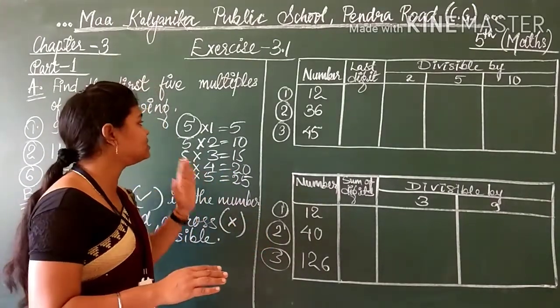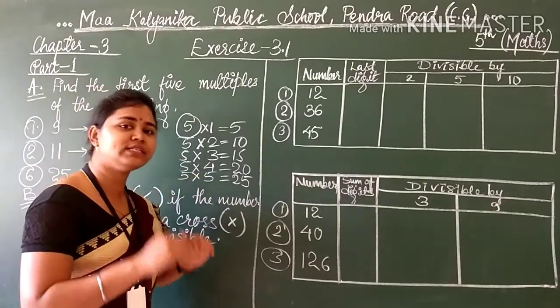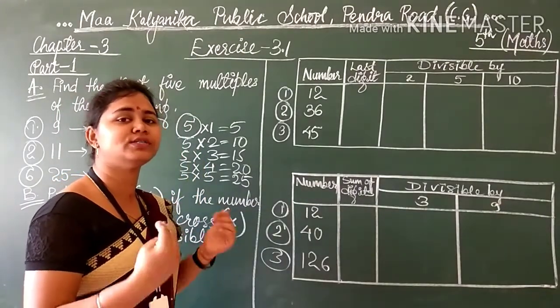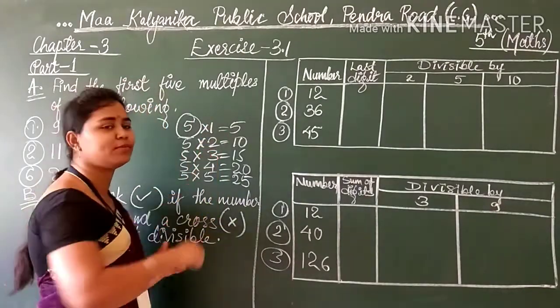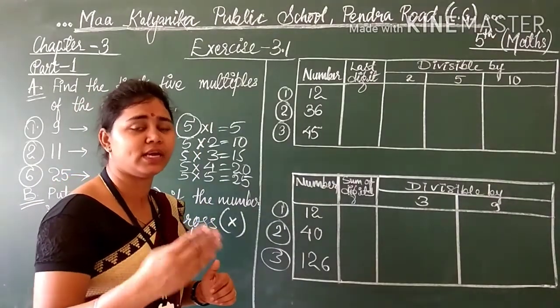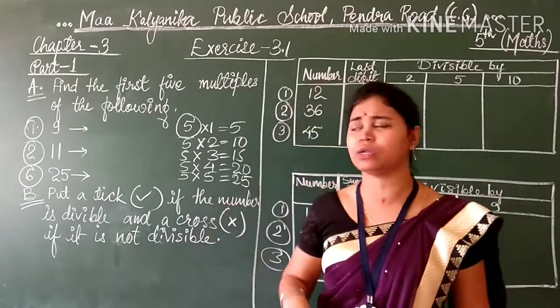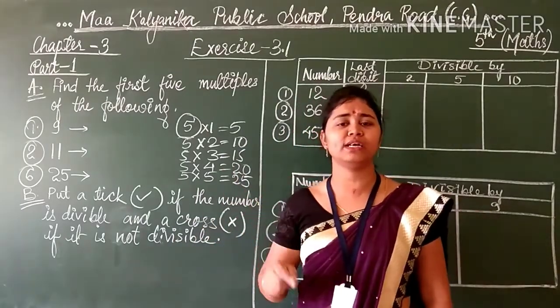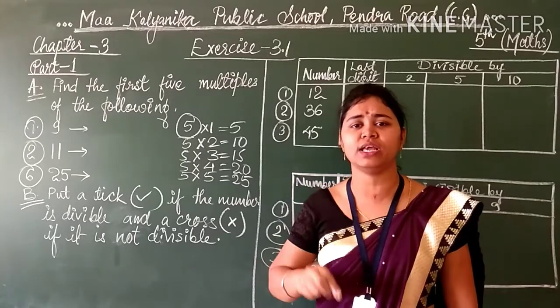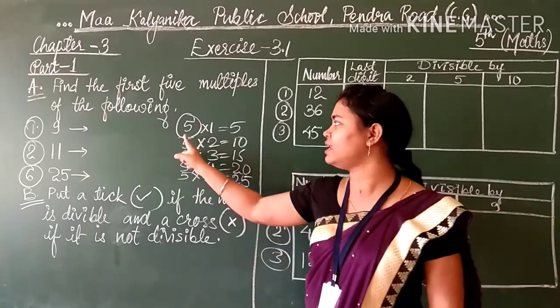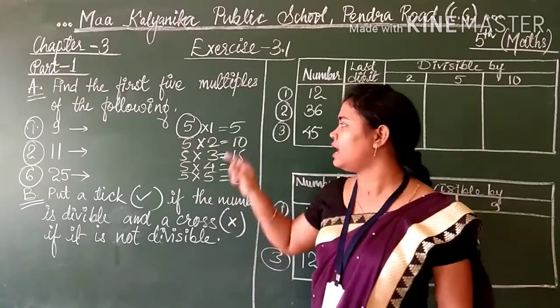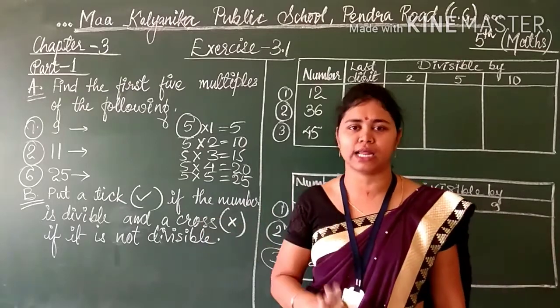Why? Because if it is asked to write the first 5 or first 3 or first 2 multiples, then serially you have to multiply by 1, then 2, then 3. And if it is not asked, then no need to multiply by 1, 2 or 3. You can multiply the given number by any number and the answer will be correct.